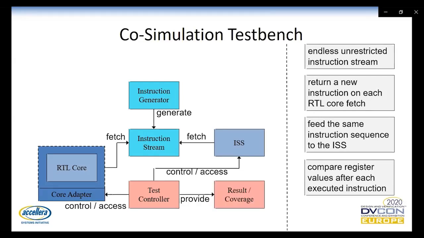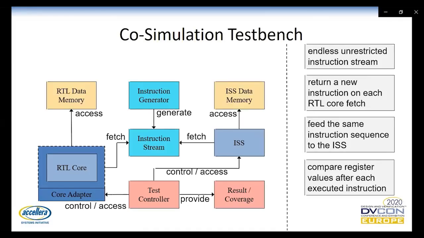CSRs are compared by reading them into the general purpose registers. We assume a Harvard architecture with separate instruction and data memories. The ISS and RTL data memories are initialized with the same random seed, and thus will return the same data when they are accessed.